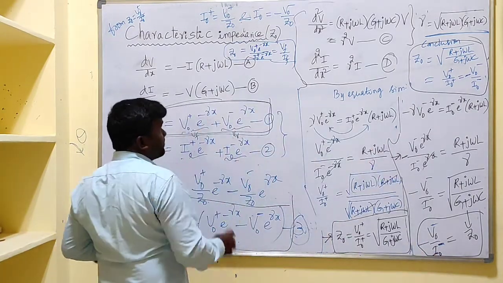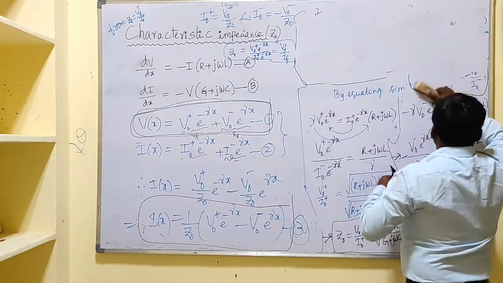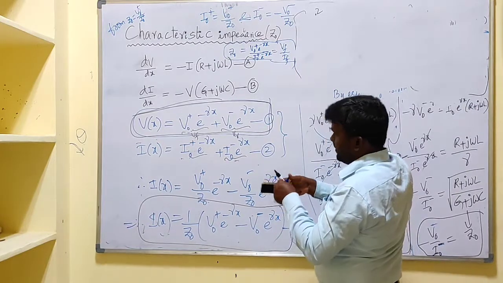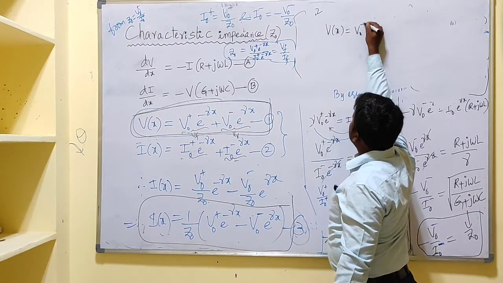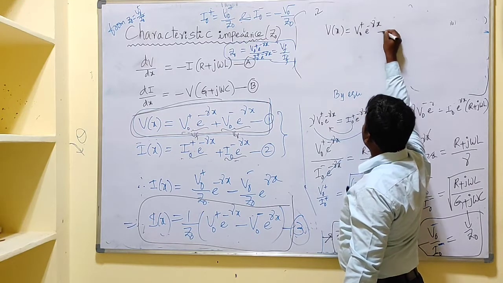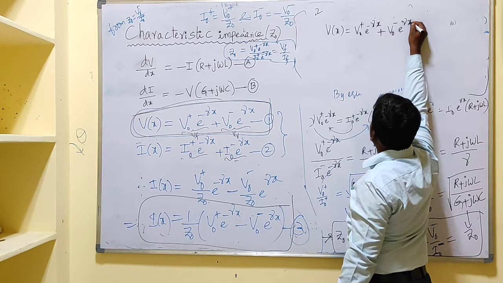I will write those equations here. The transmission line equations for the voltage and current are V of x equal to V naught plus e to the power minus gamma x, that is the forward voltage, and the reverse voltage is V naught minus e to the power gamma x.